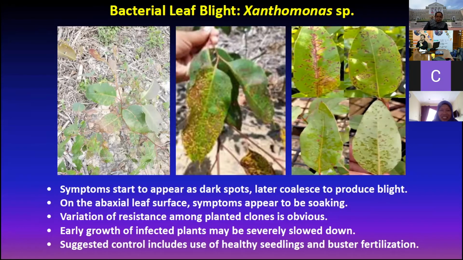But variation of resistance among planted clones is obvious. Early growth of infected plants may be severely slowed down, and the recommendations include the use of healthy seedlings and booster fertilization, additional fertilization to boost the growth of the retarded plants.